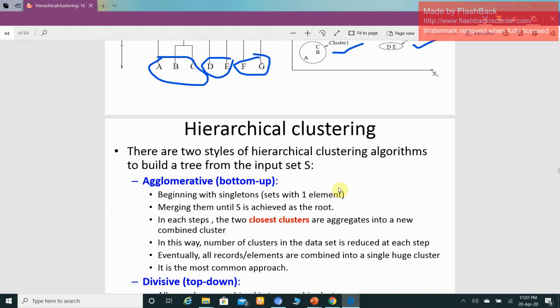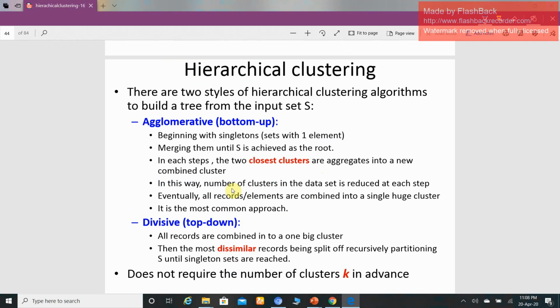Next, in hierarchical clustering technique, mainly we have two types of algorithms. One is the agglomerative clustering technique, and another one is the divisive technique. Another name for the agglomerative technique is the bottom-up approach.